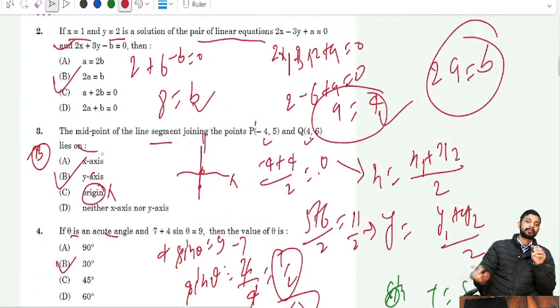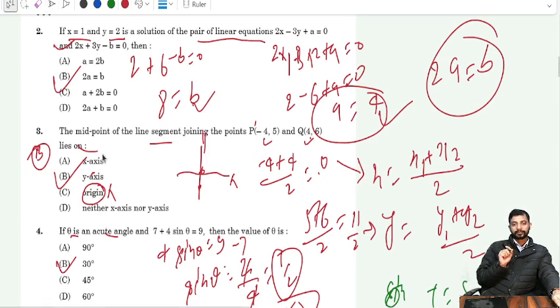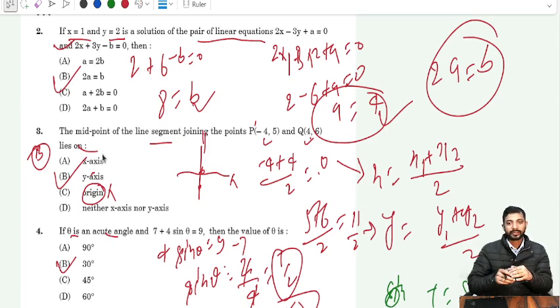Again, comment your weakest chapters and topics so that I can make a dedicated video on that topic or chapter. It will be very helpful for you to practice previous question papers before the examination. You will realize how you are prepared and what mistakes you are making, so you can avoid such mistakes in the real exam.